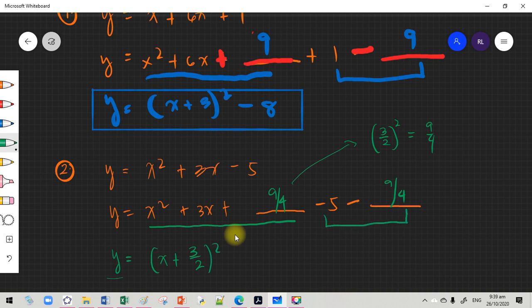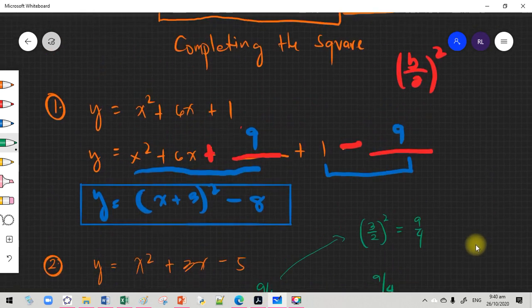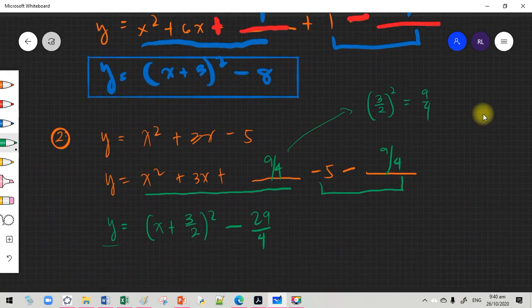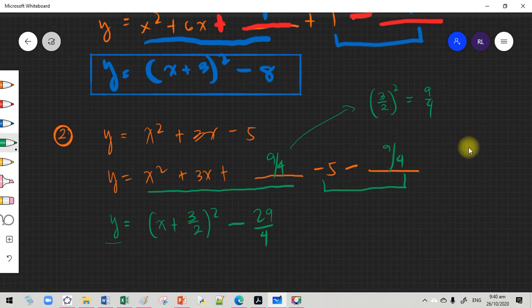That will become negative 29 over 4. So it's like saying that our h is negative 3 over 2.